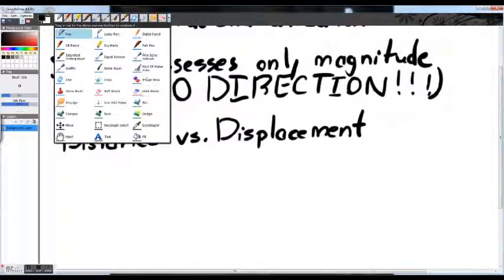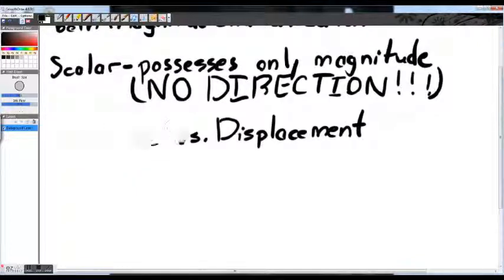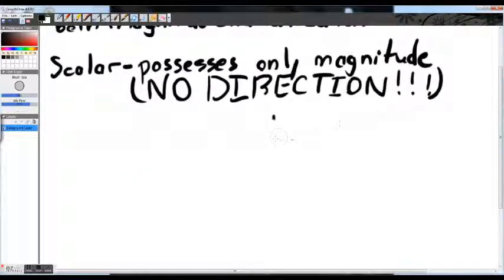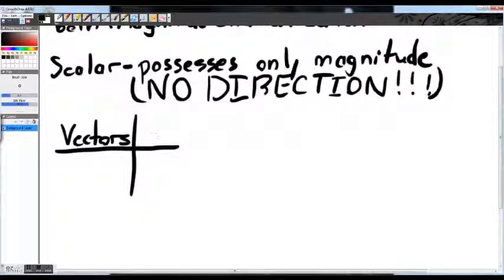And as we go through these terms, we'll state which ones are vectors and which ones are scalars. So, one way to think about this, a scalar is just going to be a number. Okay, a vector is going to be a number with a direction.